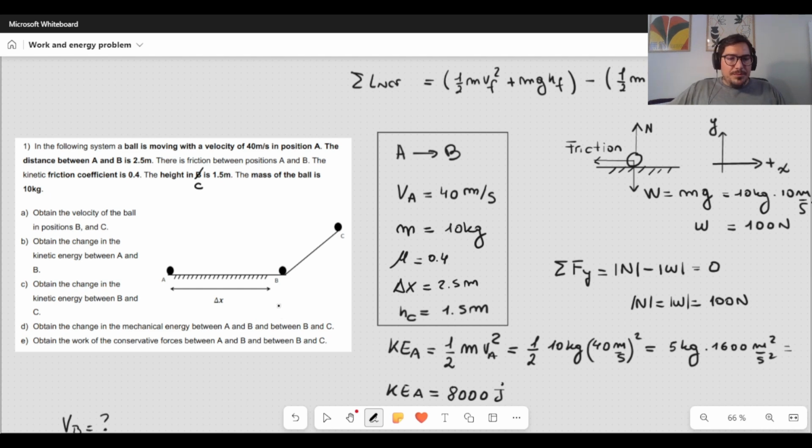Okay, what happens between A and B? When we analyze the ball in this path, at an intermediate position, the forces acting on the object are, first of all, the weight, the gravitational attraction. Then the surface below exerts a normal force. There is no forward force, because the ball had a previous impulse, a previous interaction that is now not present.